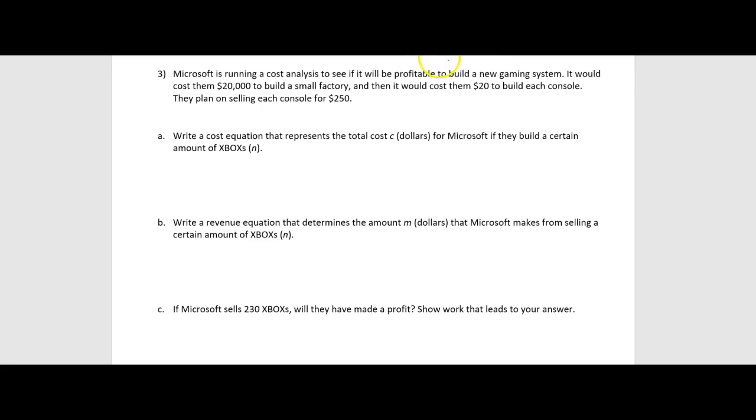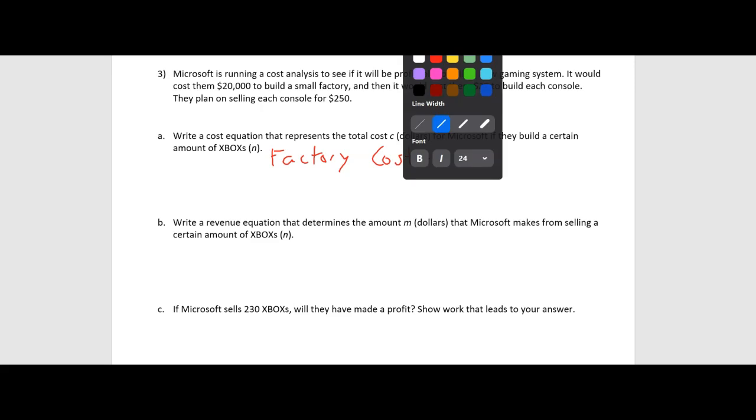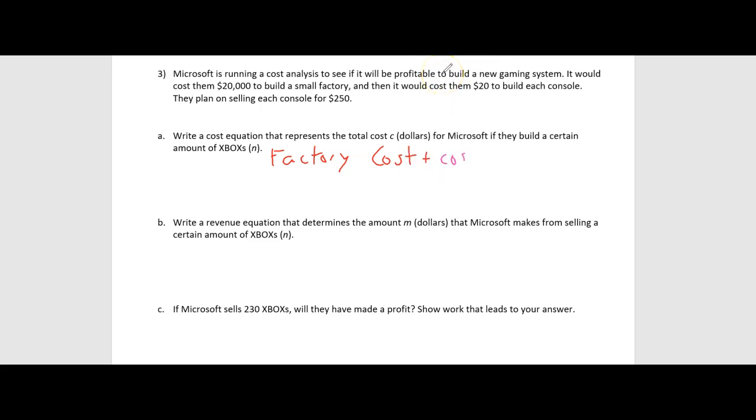So let's write this equation out in words first. We need to think about what are the things that go into the cost for building the Xboxes. Well, there's the factory cost, right? Then we have the cost per console to build. And that should be equal to the total cost.